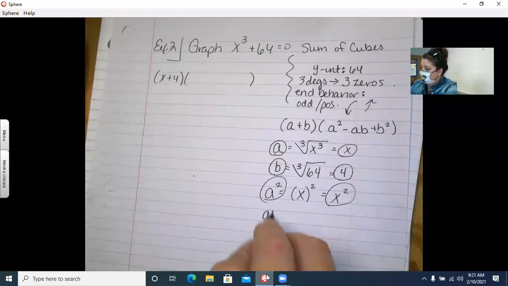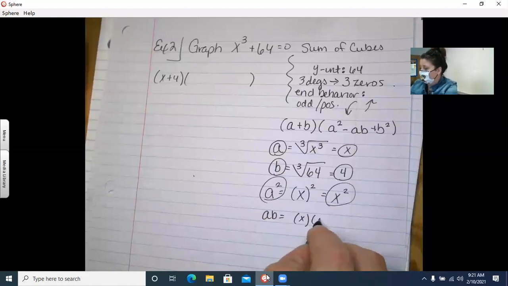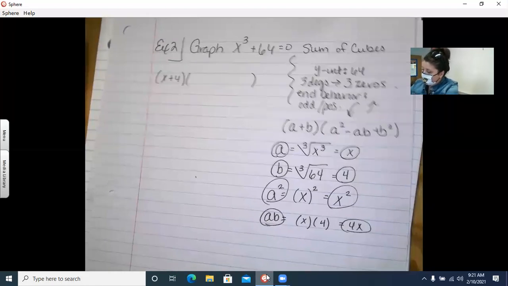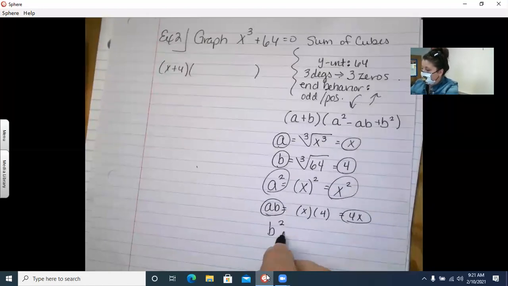Well, what's a? Times what's b? What's x times 4? 4x. So wherever I see an ab, I'll substitute in 4x. And then I'm going to need a b squared. So b is 4. What's 4 squared? 16.